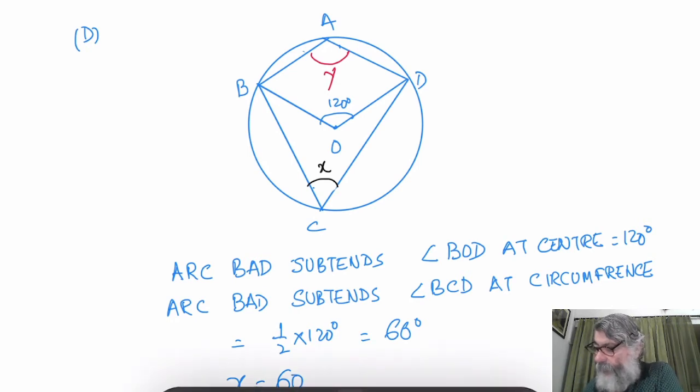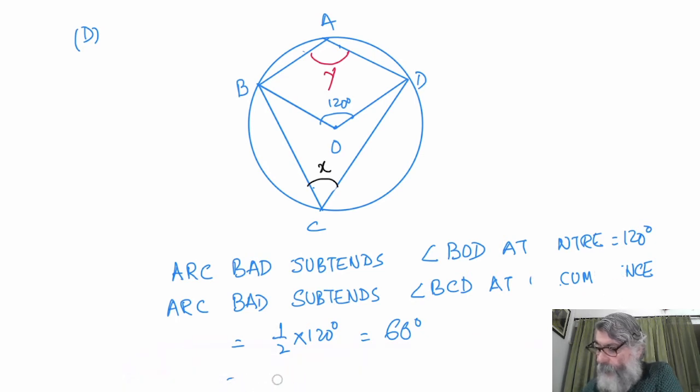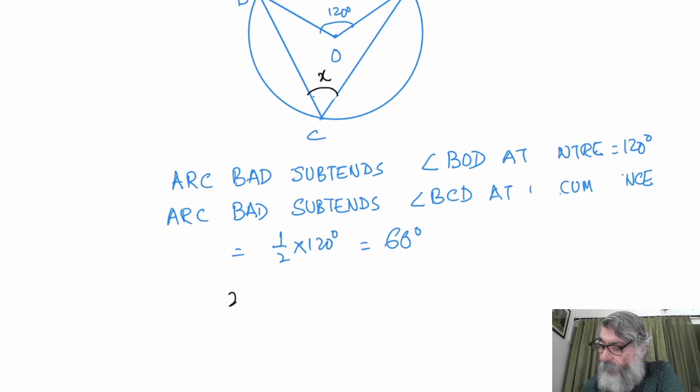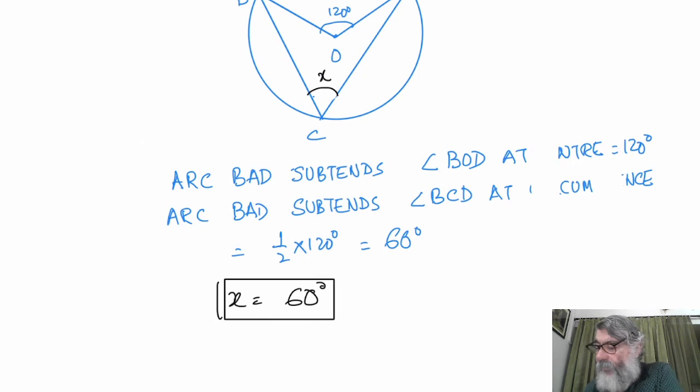Okay, let me write it in black. X is equal to 60 degree.